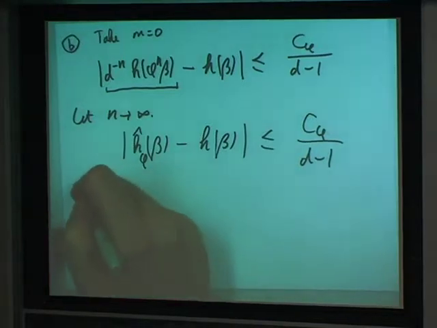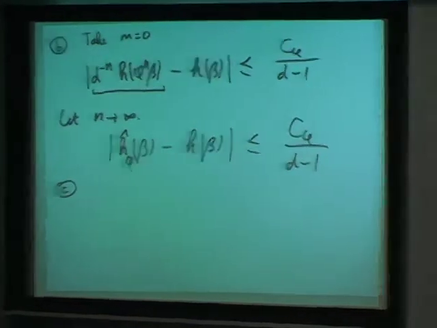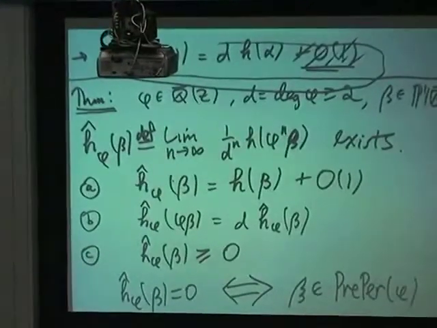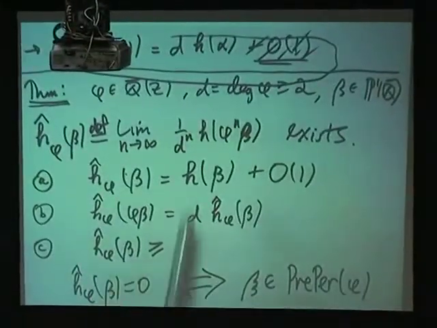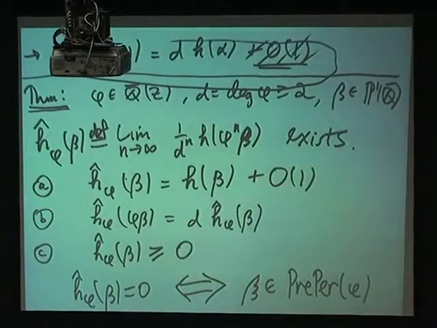Part C, maybe I'll put the statement of the theorem back up so you can see the statement. Well, the first part of part C was that the height is non-negative. And as I mentioned, that's trivial because these quantities are non-negative and you're taking a limit of non-negative numbers. So that's easy. One direction here is also completely trivial, right?